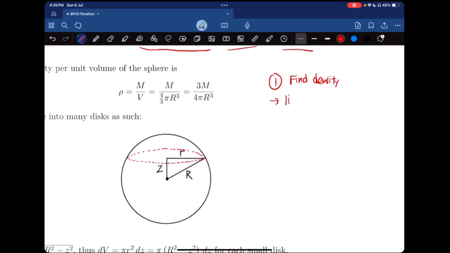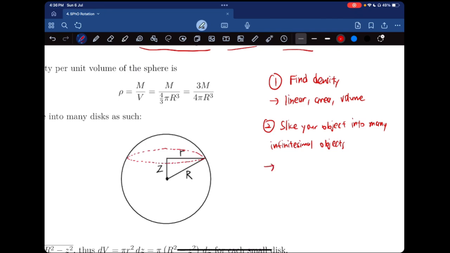This can be either a linear density, area density, or volume density. Second, slice your object into many infinitesimal objects, and you want symmetry as much as possible.